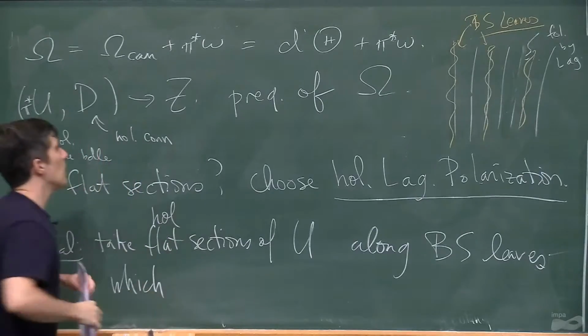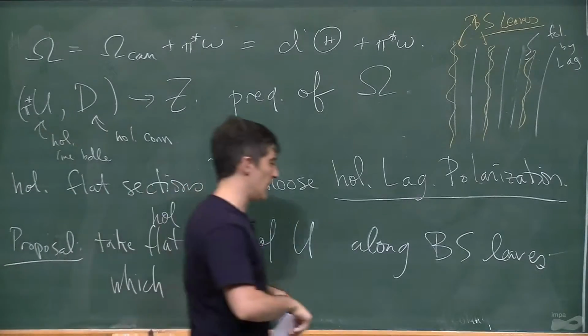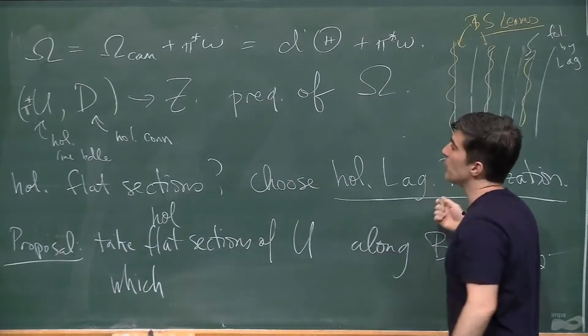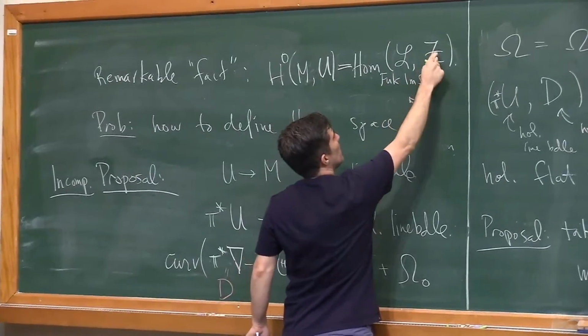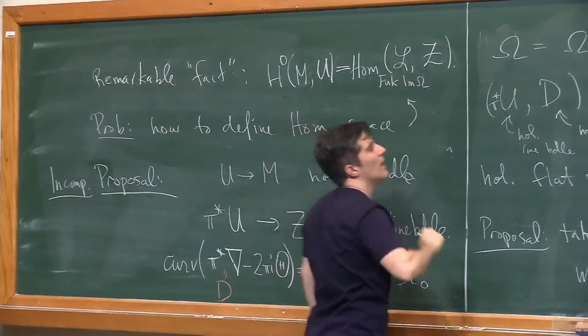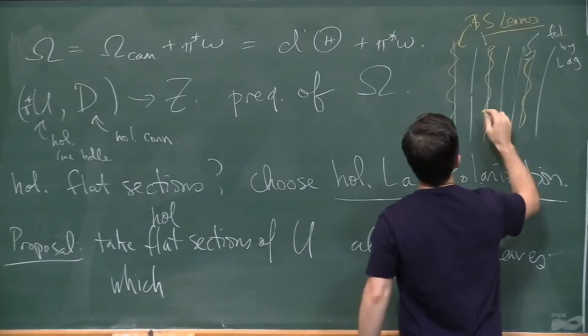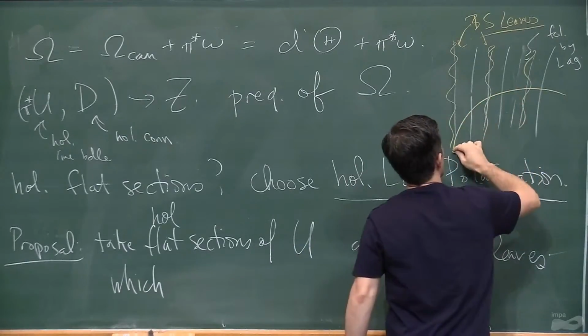Okay, so which Bohr-Sommerfeld leaves should we take? Well, what are we trying to compute? We're trying to compute the homomorphisms between Z and this Lagrangian. And this Lagrangian is something like this. Let me draw a picture of it. Say it's like this.